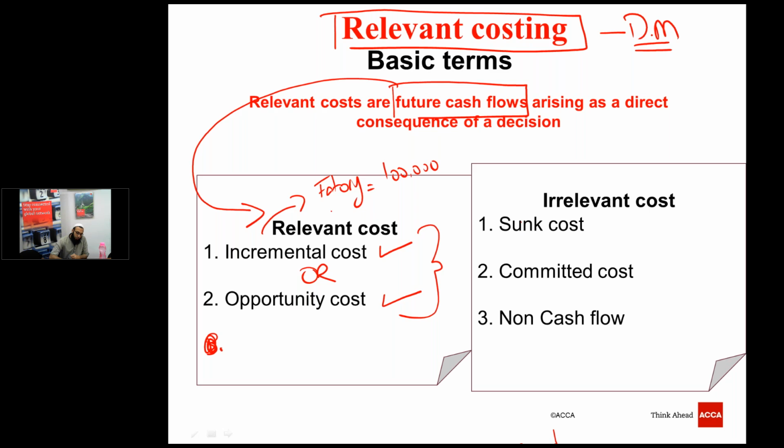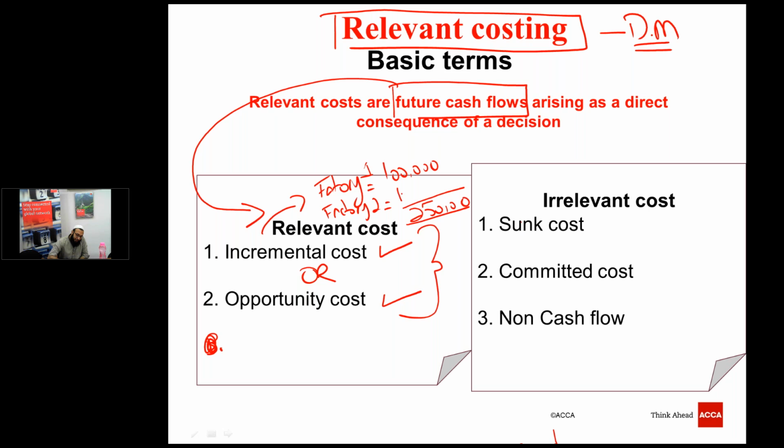Now you are planning to open factory number 2, and the total cost of both will be 250,000. But for factory 2 opening, what is the incremental?